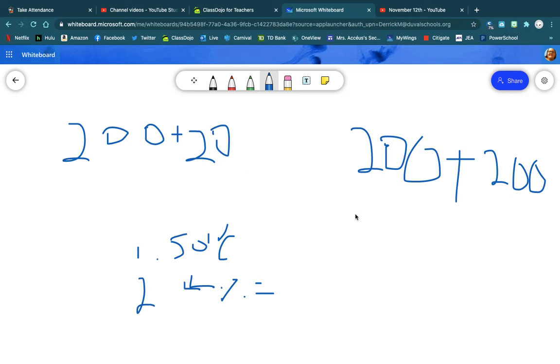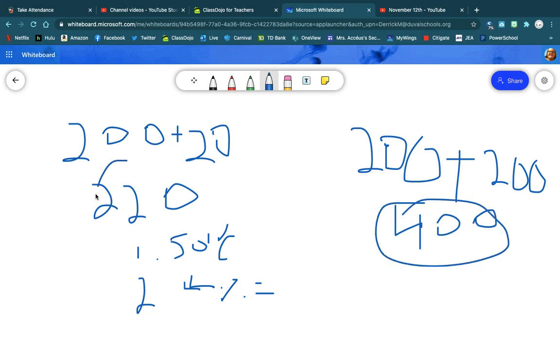Oh, and the great thing about this being a video is you can always pause it if you want to solve this problem before I show you the answer. So you don't go, Miss Accéus, you didn't give us enough time. You can just pause it and then continue. So if I add these numbers together, I get 220 on this side and 400 on this side.